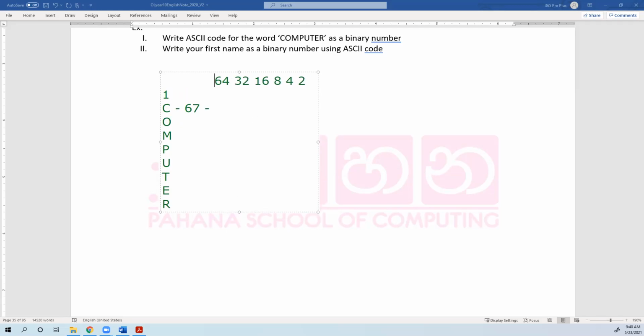So that's how the numbers go. If you need 67, that means you need 64, then 0s, and for the 3 you have to have 1, 1. So the value 67, capital C, can be represented in binary as 1, 0, 0, 0, 0, 1, 1.